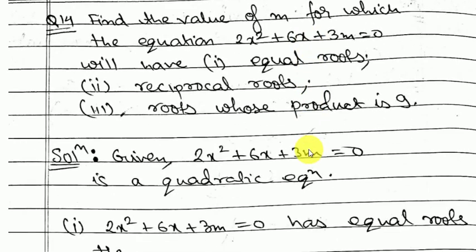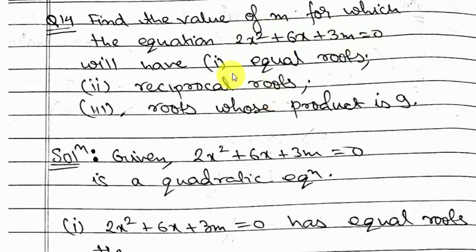Question number 14. Find the value of m for which the equation 2x square plus 6x plus 3m equal to 0 will have equal roots, reciprocal roots, roots whose product is 9. So one quadratic equation is given and there is this m also. They are looking for the value of m.